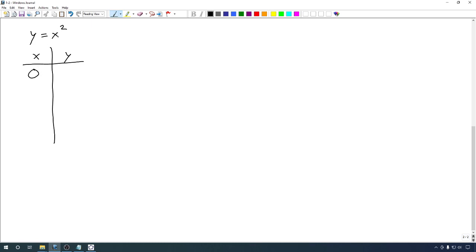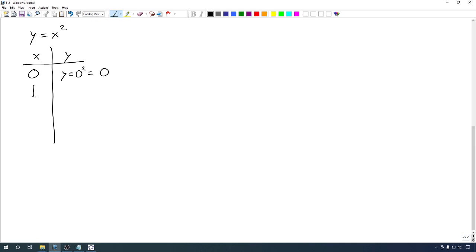If I plug 0 in for this x, what possible values of y can correspond to it? Well, we have y equals 0 squared, which is just 0. That's simple enough. So 0 actually has to pair with 0. It can't pair with anything else.